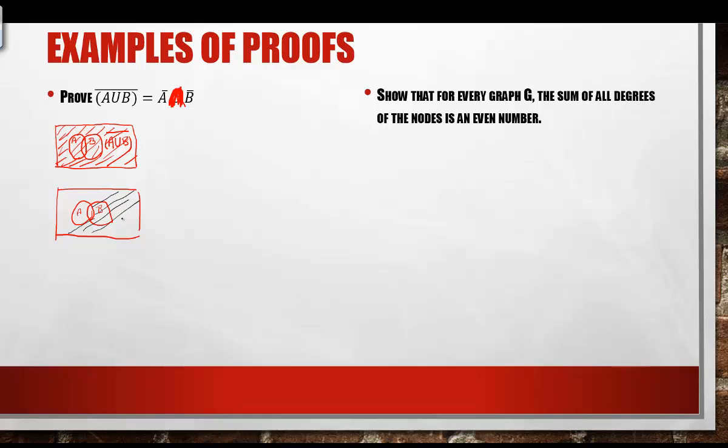So all these areas will be not A, the complement of A. Then complement of B, if only I could get to my pen color, there you go. So complement of B is going to be all these areas that are not in B. So these are going to be not B.